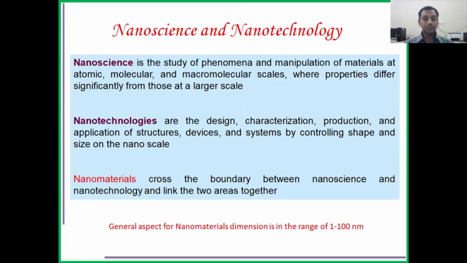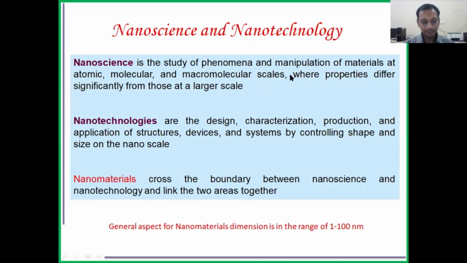So when we talk about nanoscience and nanotechnology, before I talk on nanoscience and nanotechnology, we started from nanomaterials. Why? Because nanomaterials cross the boundary between nanoscience and nanotechnology, and link these two areas together. So what is nanoscience?